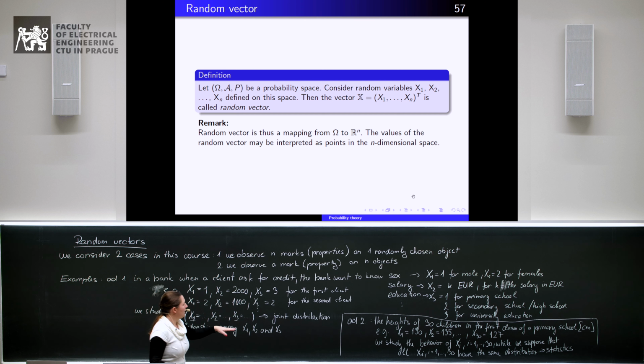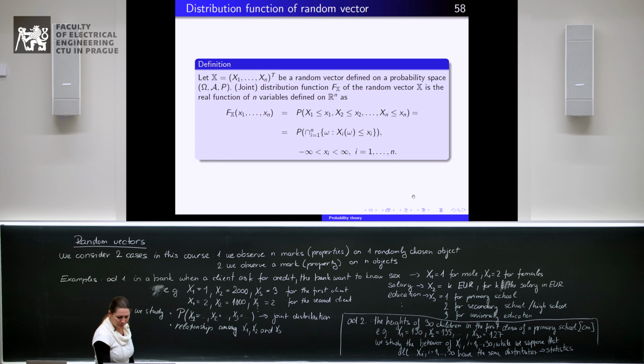And so for now, we are interested in the first case when we observe some properties, some signs on a randomly chosen object, and we are studying these joint probabilities and relationships among the random variables. So, when we study the distribution, it can be described similarly as in the case of a random variable by the so-called cumulative distribution function.